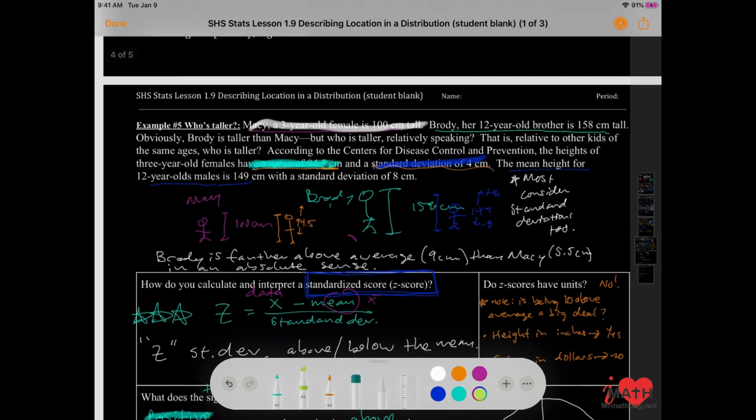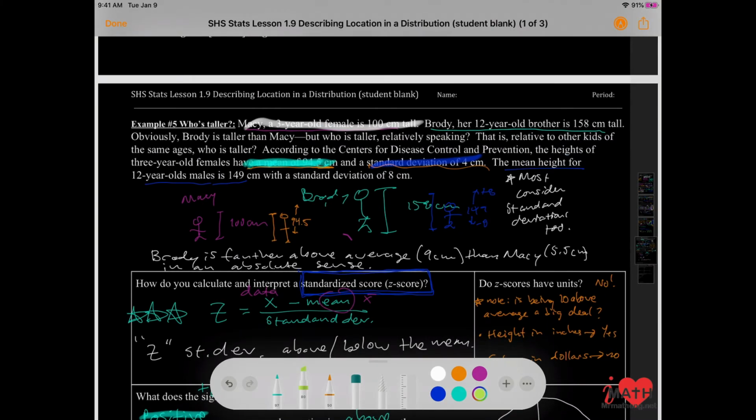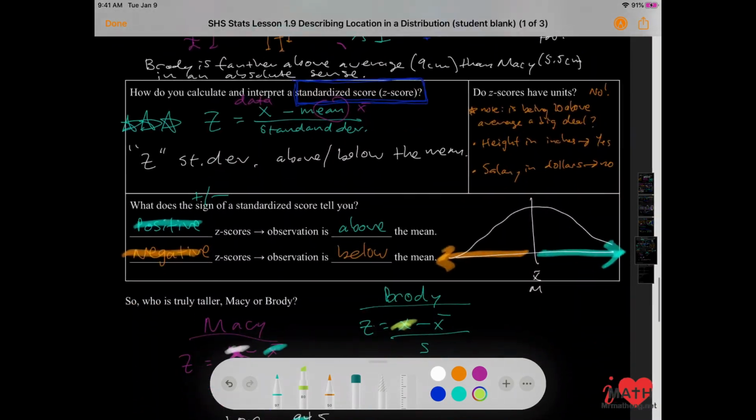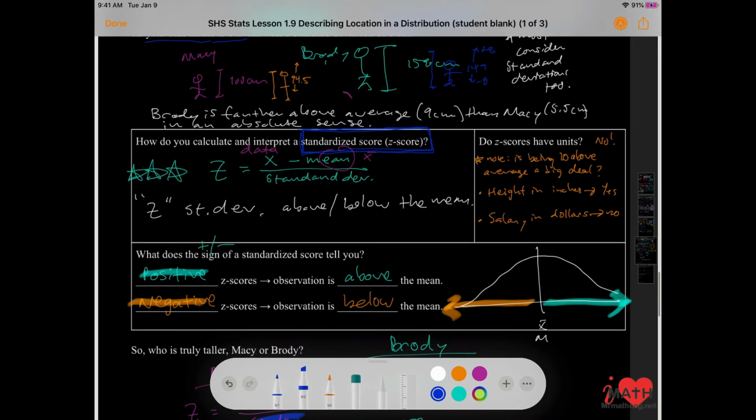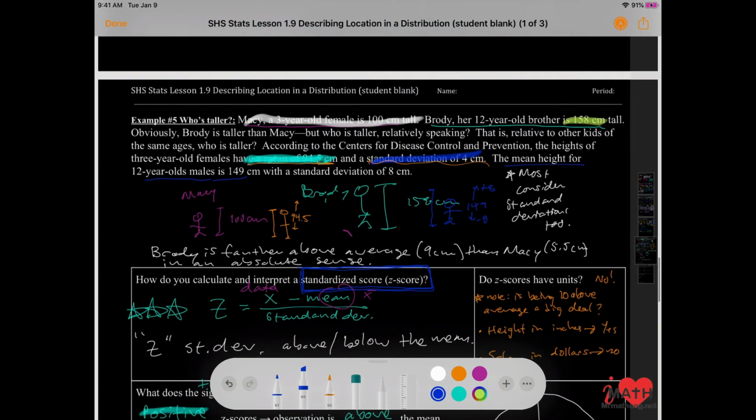Brody was 158 centimeters. Okay, what was the average? The average for 12-year-old males was 149.